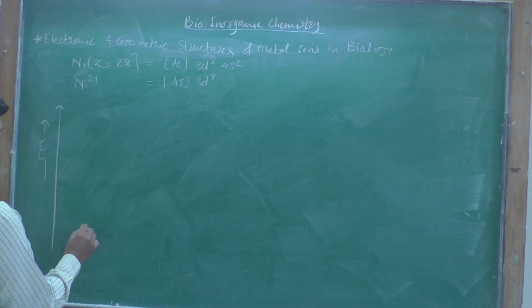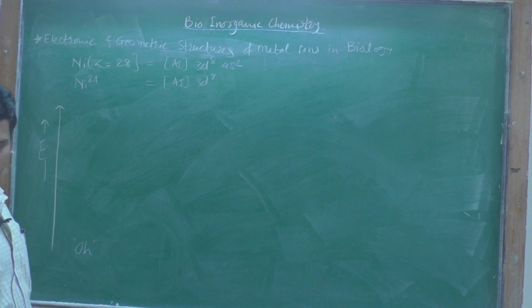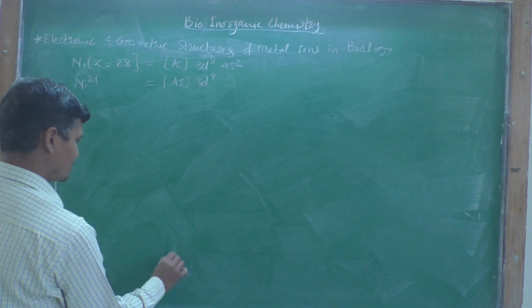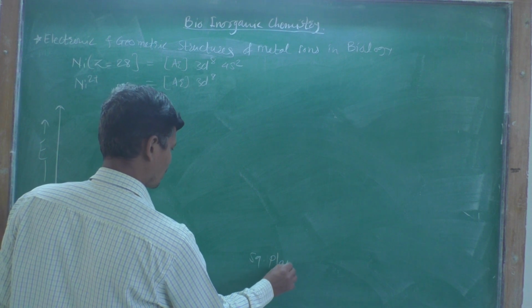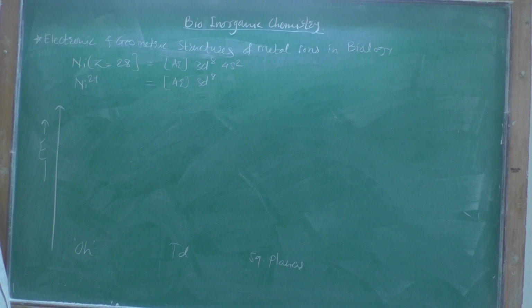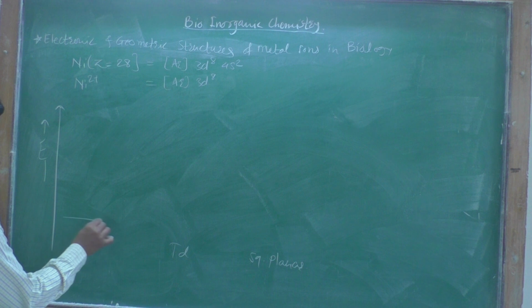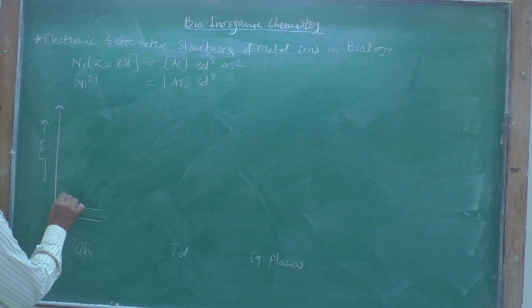So in octahedral field, in tetrahedral field and in square planar ligand field, different splitting patterns can be observed. In octahedral field, the t2g electrons have lower energy.